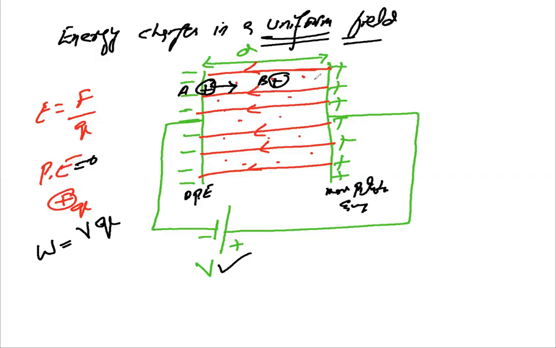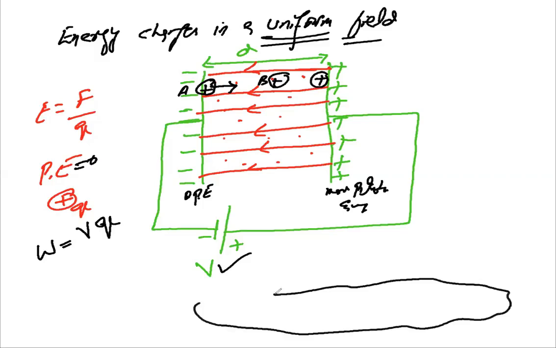When you bring the charge over here, you will do maximum work and you will get maximum potential energy, and you measure that potential energy over here. Earth also has zero potential energy.